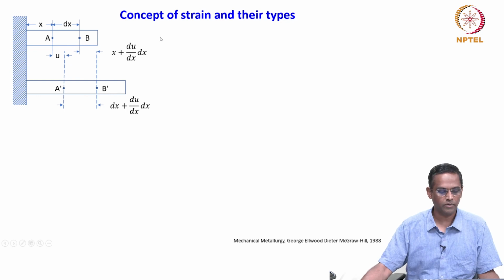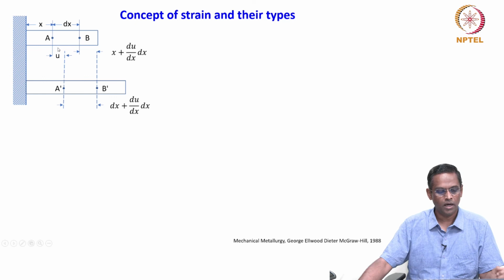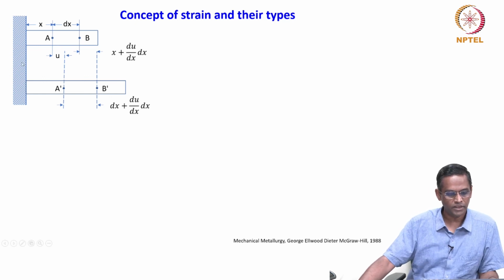So similar thing, we can just try to get a physical meaning, and this is the fixed edge on the left end, and then you have the member which is fixed from one end, and you can see the 2 points on this member, A and B. The distance between A and B is dx, and the distance between A and the fixed end is x.